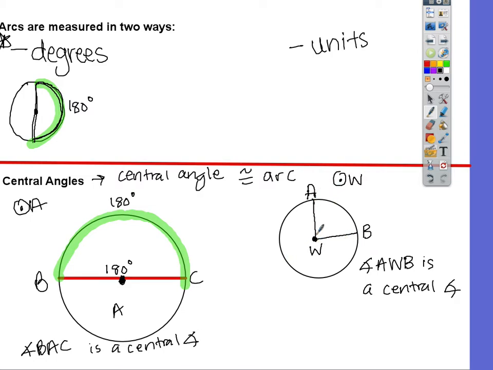So let's say angle AWB was 90 degrees. That means the measure of minor arc AB is also 90 degrees. When we measure in degrees, it's very general. We'll talk about that more in class.